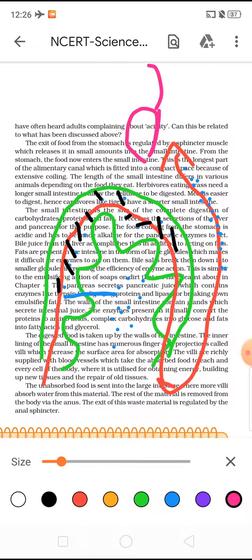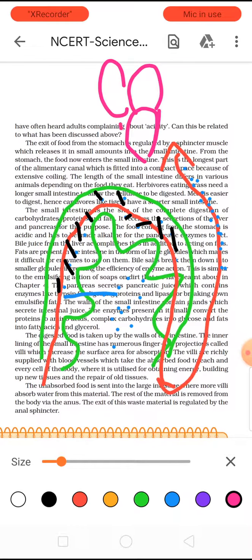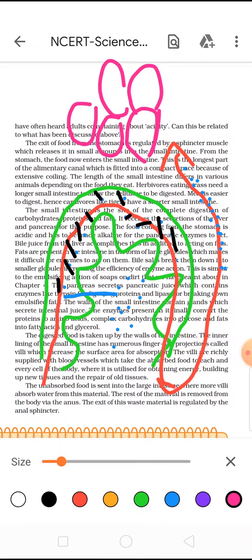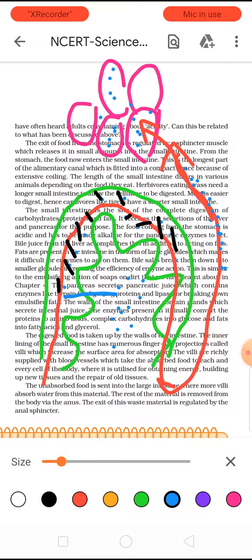These are the cells. Suppose these are the cells of your hand. So when the blood enters into your hand, this glucose and amino acid will be given to your cells.